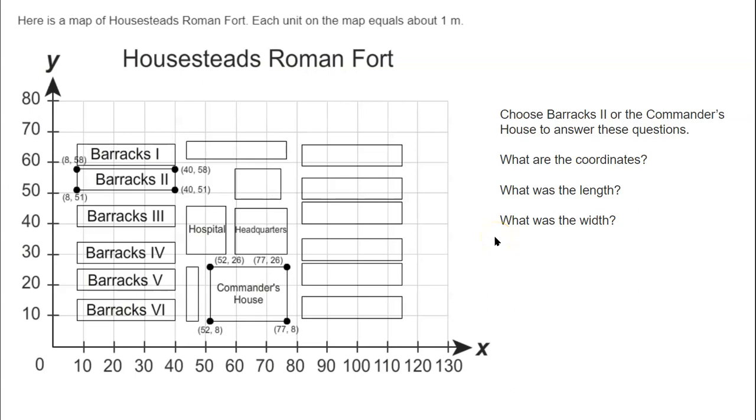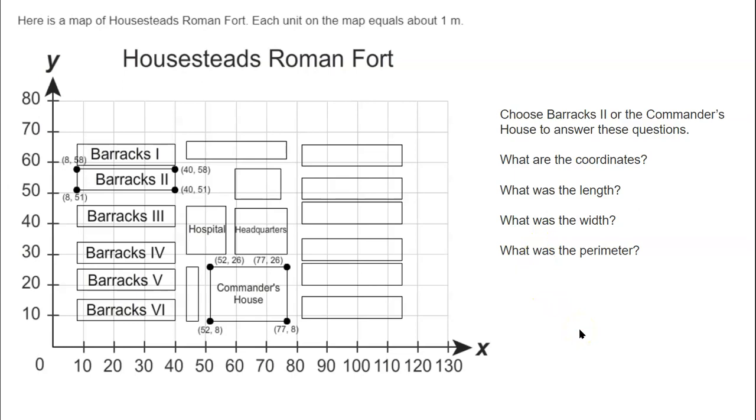What is the width? Okay, so then that's going to be your height, I would say. You can go ahead and choose the height here or determine the height of the commander's house. Again, you're going to need to use your ordered pairs in order to find that.